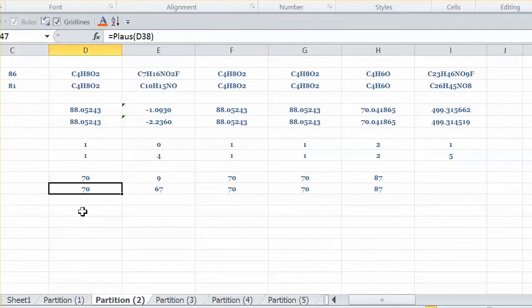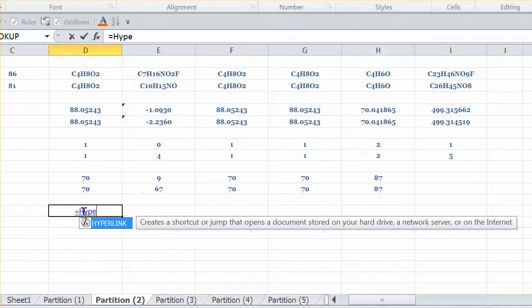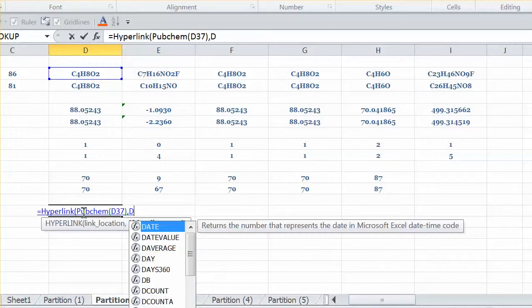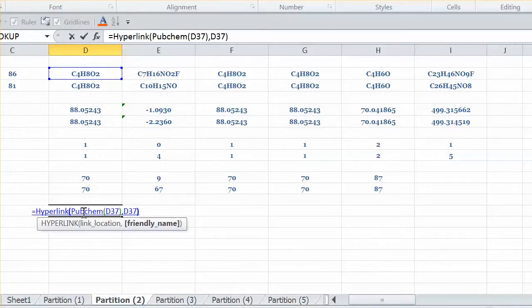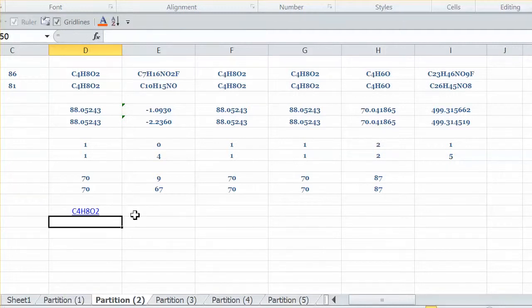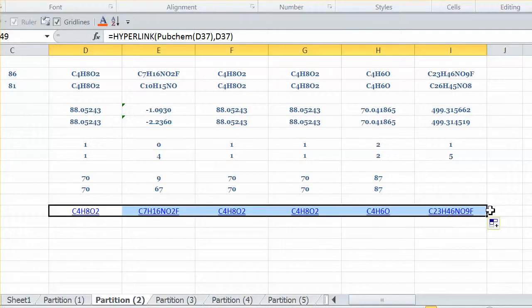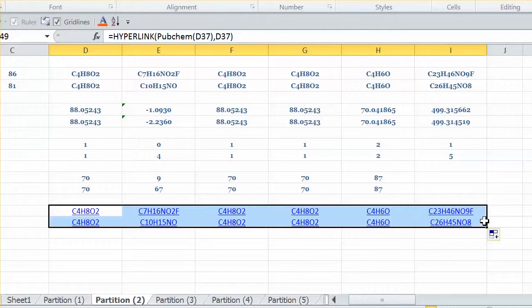The next function I'd like to describe is the hyperlink. What this does is set up hyperlinks to PubChem, so if you decide you want to search a particular formula, you can do it very easily.